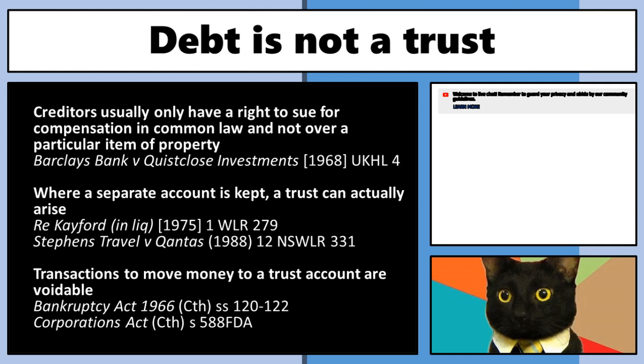If you don't have a mortgage, you've got some other attachment to the particular person that you've usually lent money to, or you've got some sort of contractual arrangement with. There are going to be situations where you are going to prefer a trust law remedy over a common law one, because by and large, the remedies you can get in equity are much more powerful.